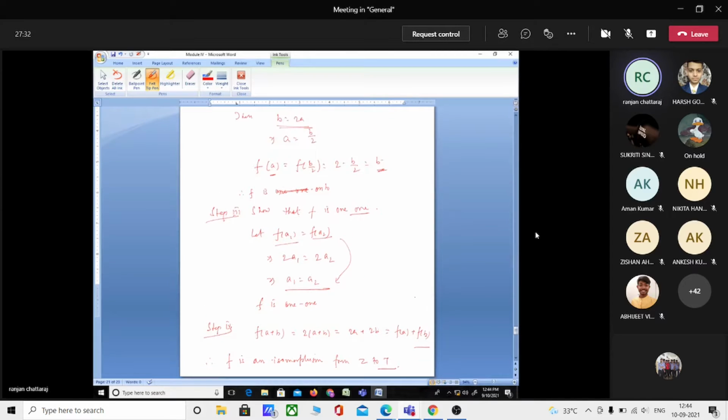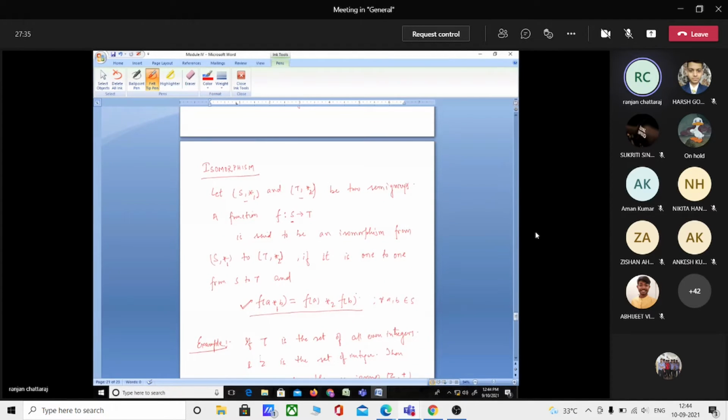Now we have to prove isomorphism. That means if we have two algebraic structures, semigroups S and T, with different binary operations, star 1 and star 2, such that we have a function from S to T which is one-one and onto and satisfies these conditions: f of a star 1 b is equal to f(a) star 2 f(b).